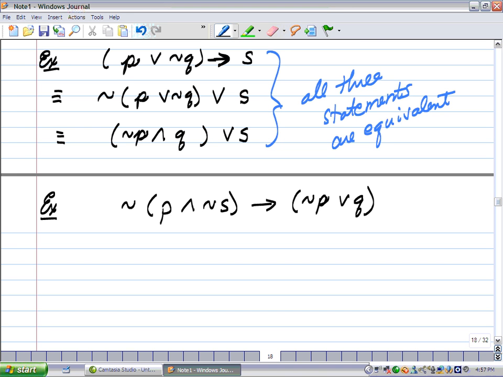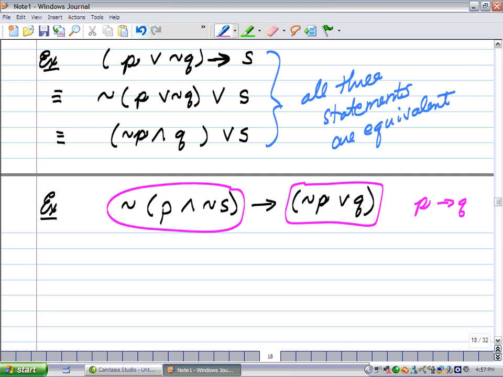Okay, we have an implication. So here's the implication. This entire thing is the thing before the implication. This is the thing after. Remember, if P implies Q, it becomes not P or Q. In other words, the first thing becomes its opposite.